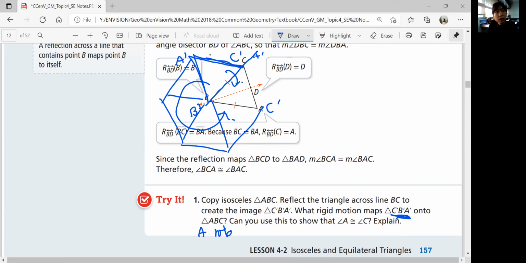The rotation about point B. So angle A should be congruent to angle C because a rotation is a rigid motion.